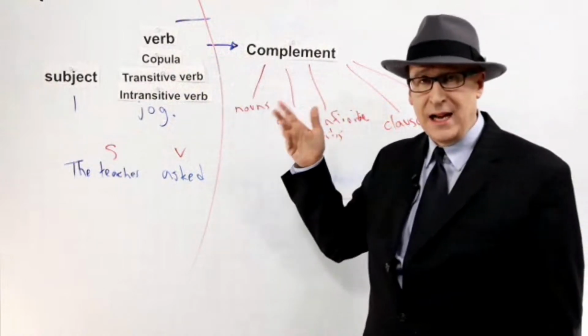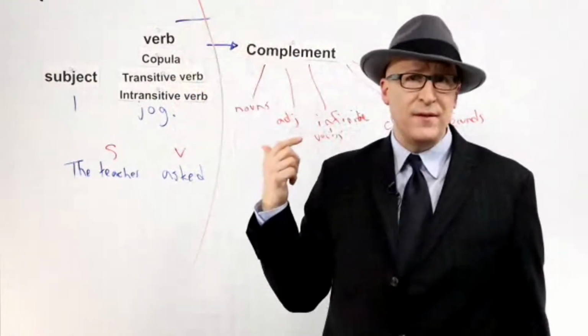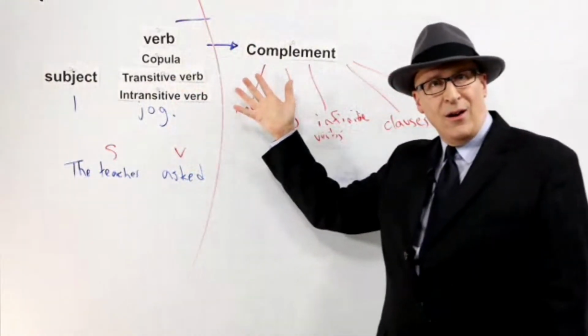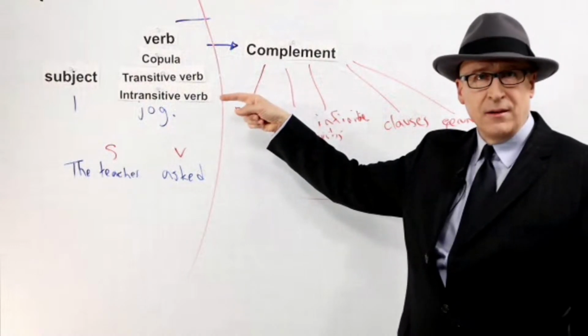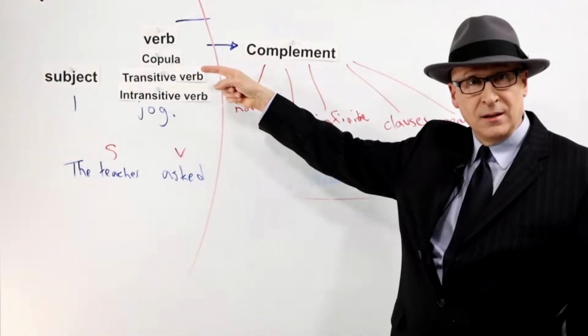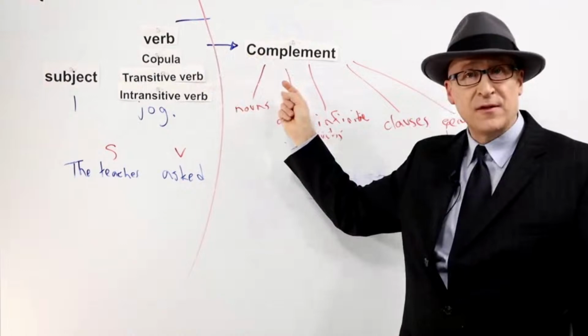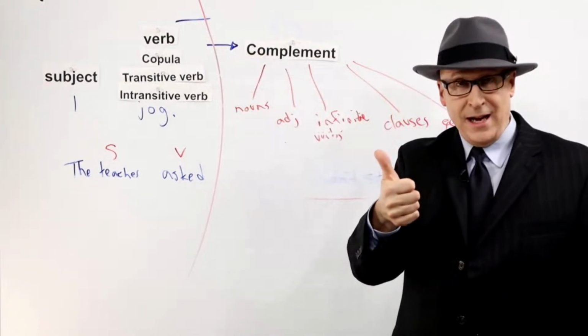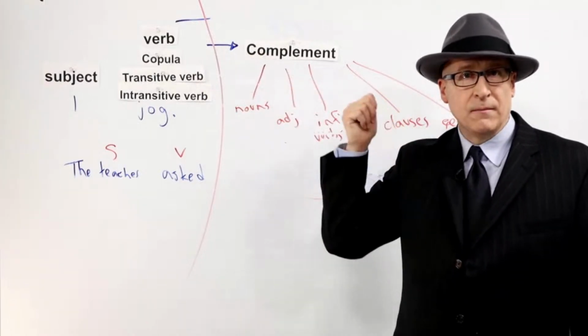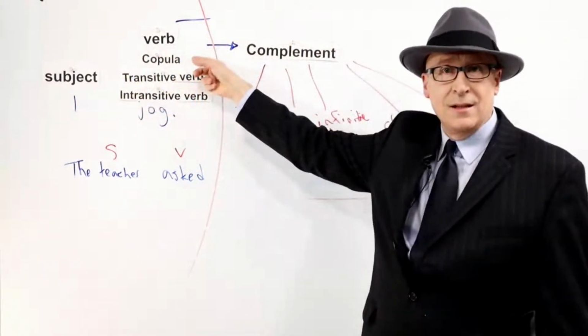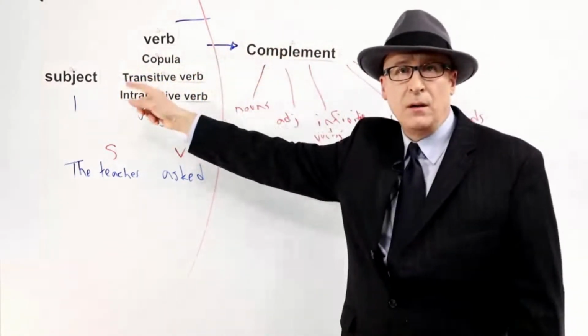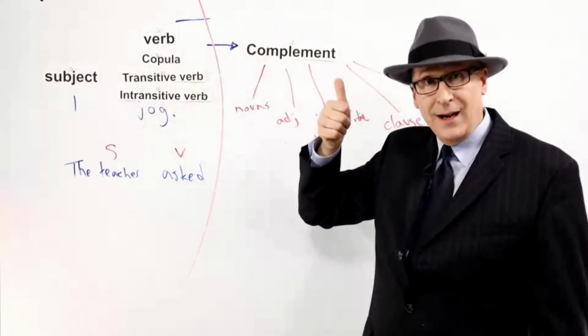We've seen that in the last 2 episodes, this episode and the previous one. All of the decisions about what can come after it start here. If it's a copula, like a be verb, what can come after it? Nouns and adjectives, right? Paul is a teacher, a noun.